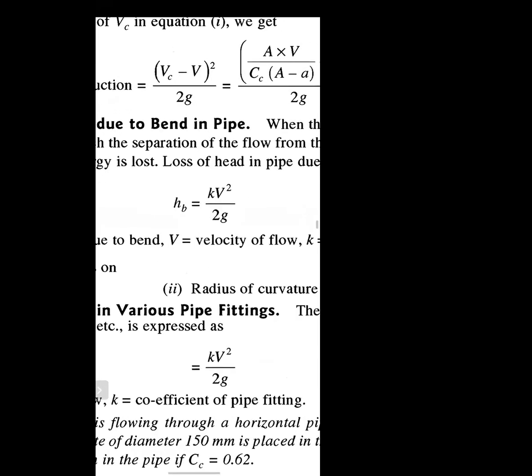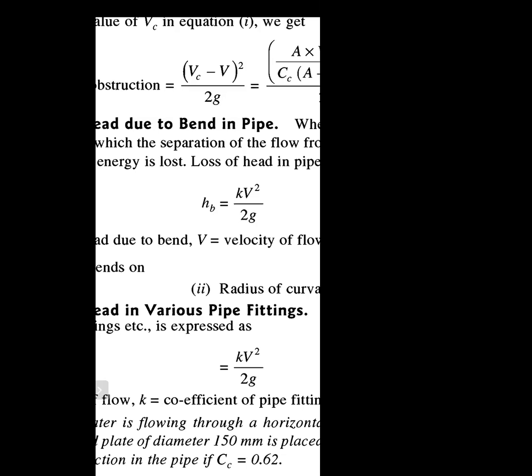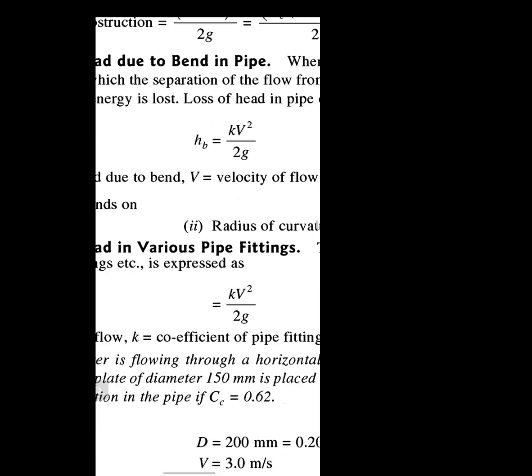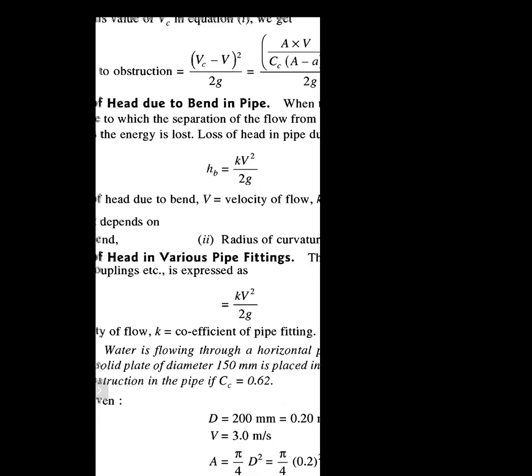Both formulas are same, kV square upon 2G. Here loss of head due to bending HB is equal to kV square upon 2G, as well as loss of head due to various fitting is also kV square upon 2G.